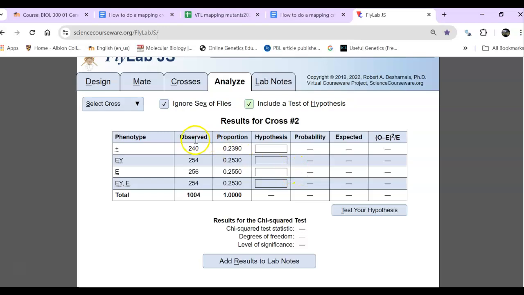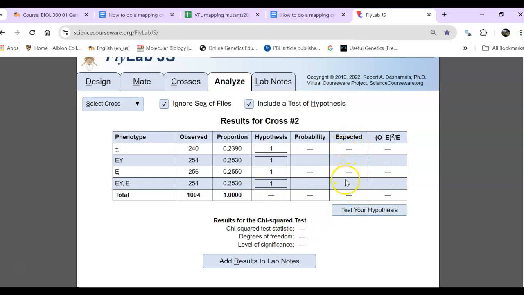This is what we observed. Always when we do this kind of thing, we're testing our hypothesis for whether or not it's showing independent assortment. If it's showing independent assortment and we do a test cross for two genes, then we expect a 1-to-1-to-1-to-1 ratio. That's like saying 1/4, 1/4, 1/4, 1/4.